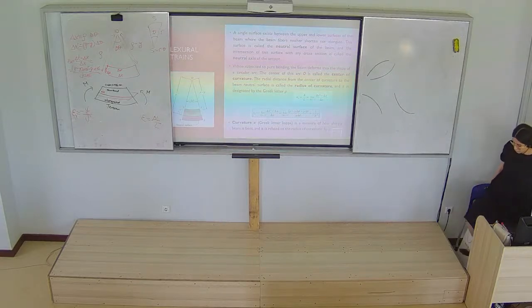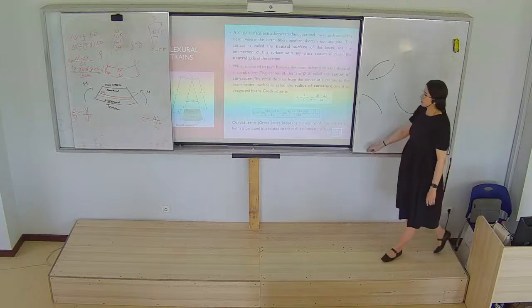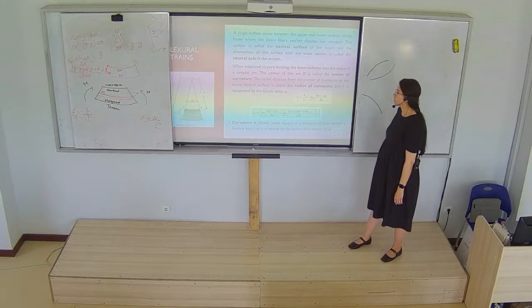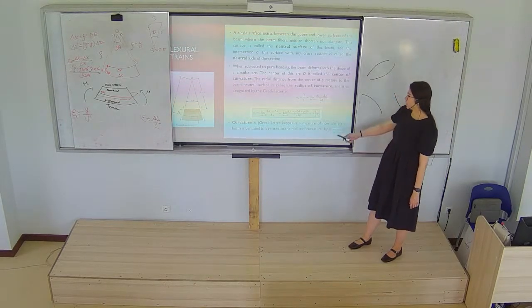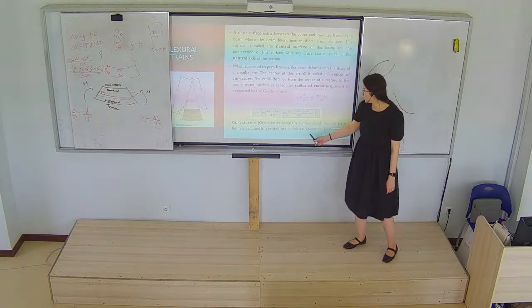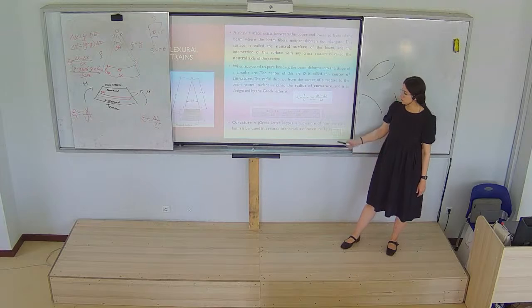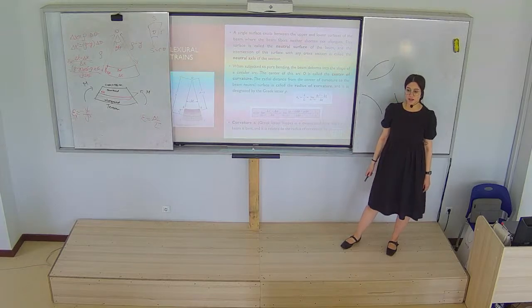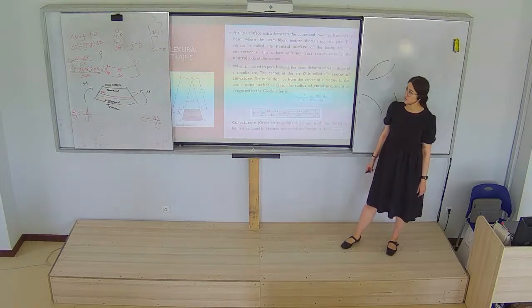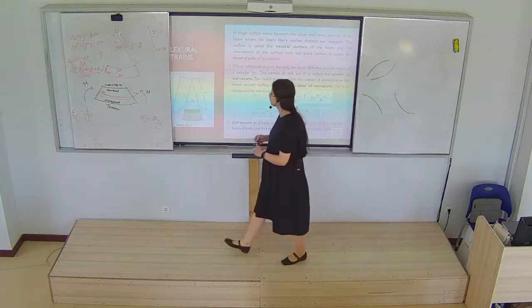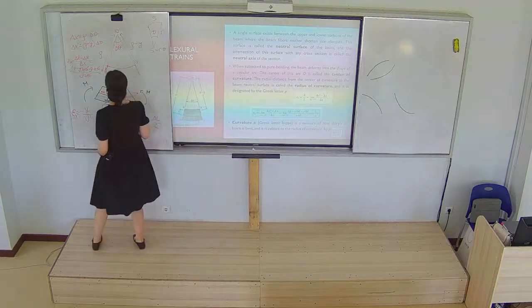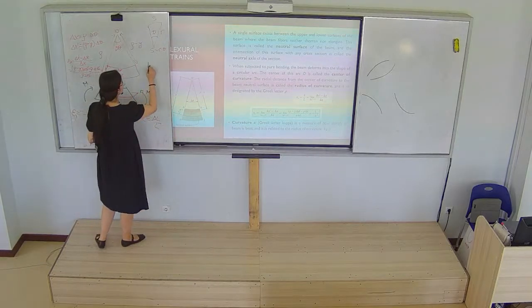Before moving on, we have here curvature. What does it mean? Curvature, the Greek letter kappa, is a measure of how sharply a beam is bent, and it's related to the radius of curvature. k is equal to 1 over rho. Rho is the radius, okay? Keep it in mind. k is equal to 1 over rho.